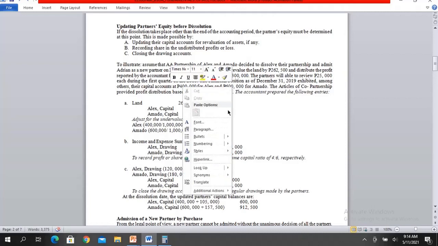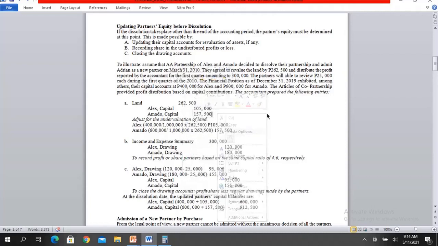Ito yung computation. Tingnan muna natin yung revaluation ng asset. Naging 262,500 yung amount niya.